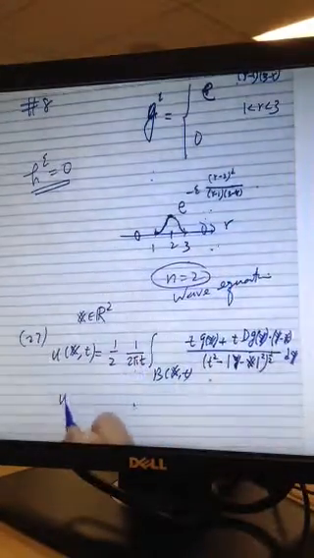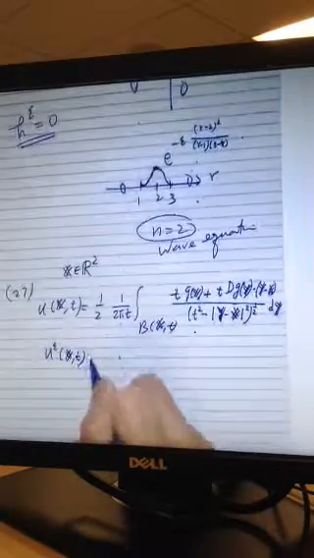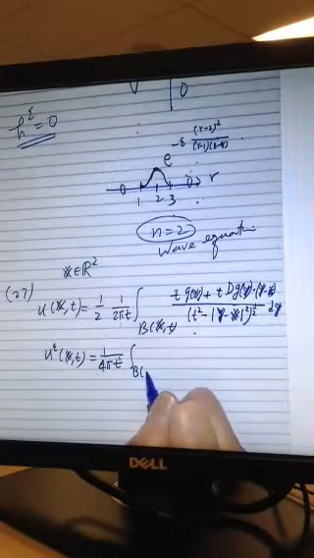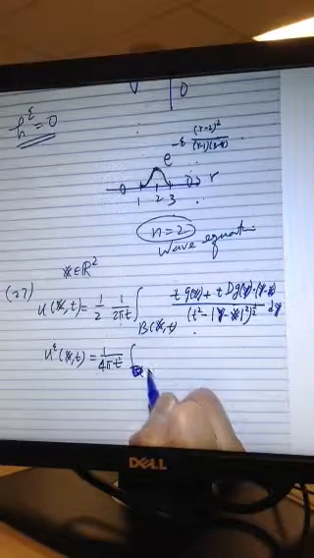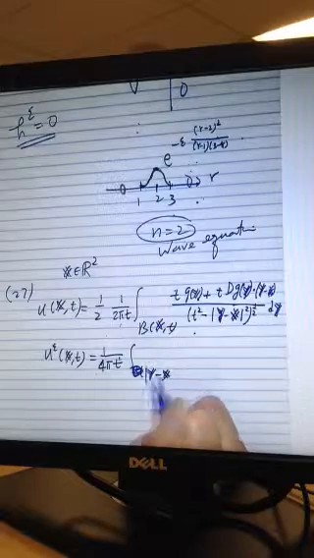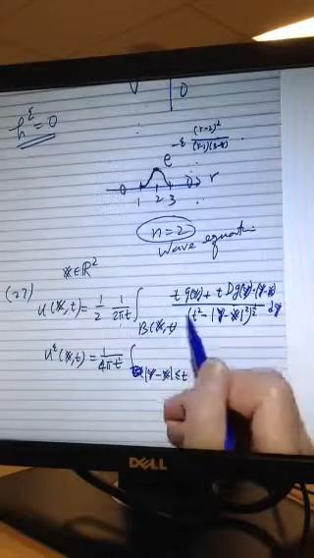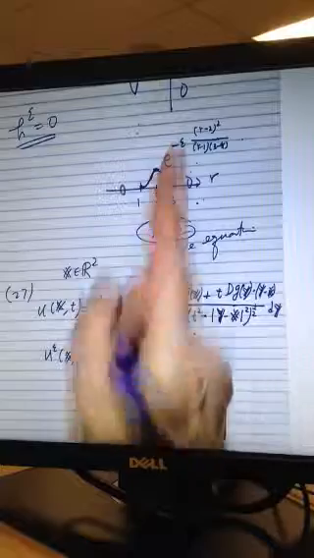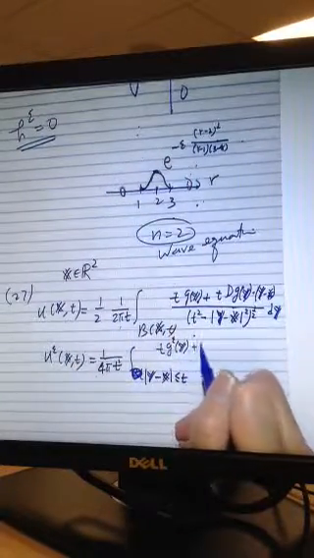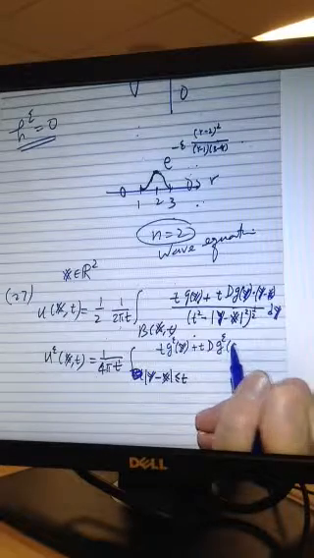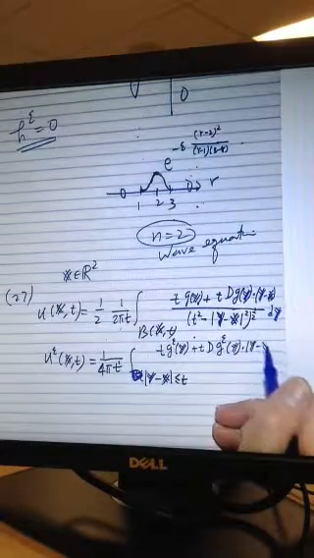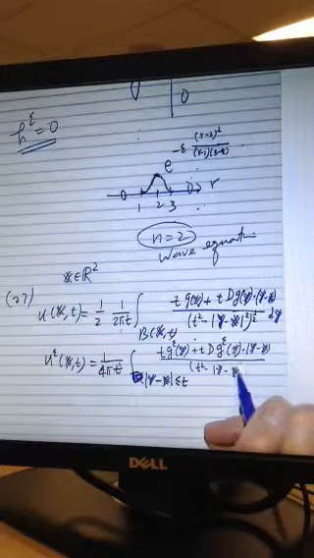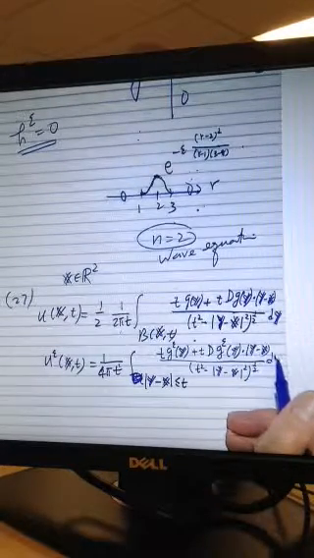So u epsilon(x,t) would be 1/2, actually 1 over 2 pi t, integral over the ball, which is |y minus x| less than or equal to t, of t g epsilon(y) plus t dg epsilon(y) dot (y minus x), divided by (t squared minus |y minus x| squared) to the 1/2, dy.